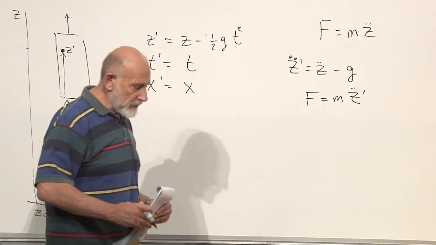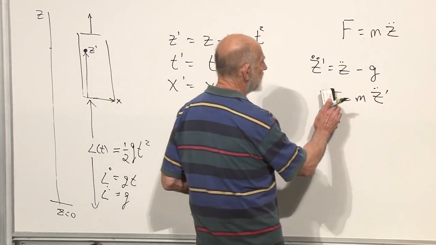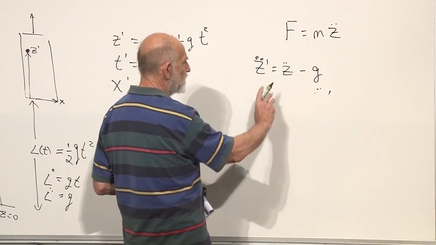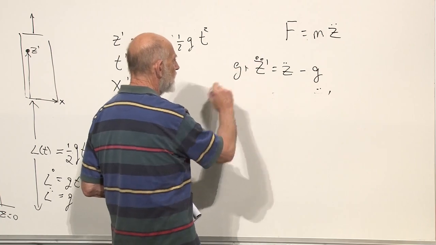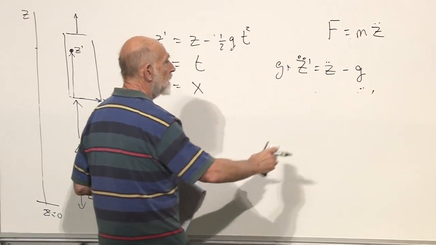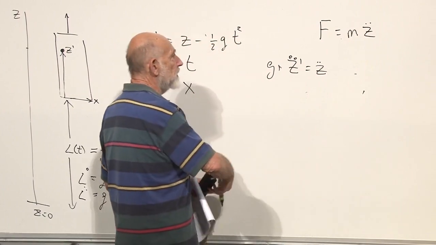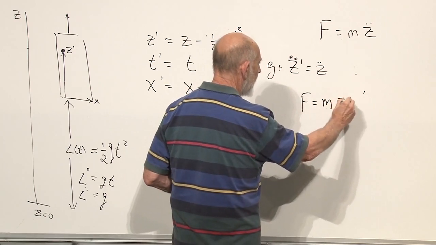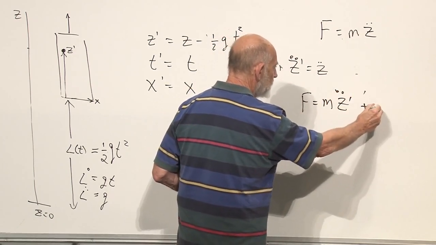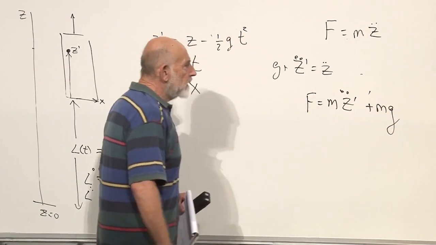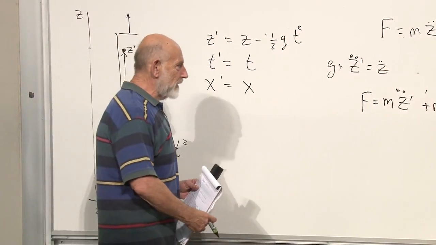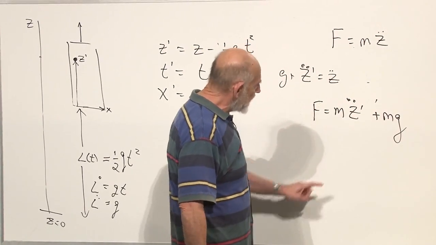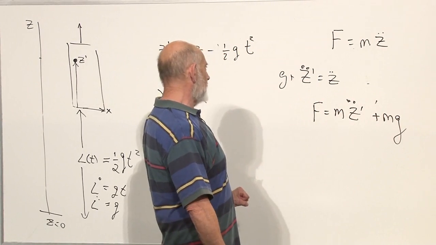And now we can write Newton's equations in the primed frame of reference. Z double dot, if we just transpose the g to the other side, is z double prime dot plus g. And now we can substitute, and it says that F is equal to m times z prime double dot plus mg. Oh, do I have something wrong?